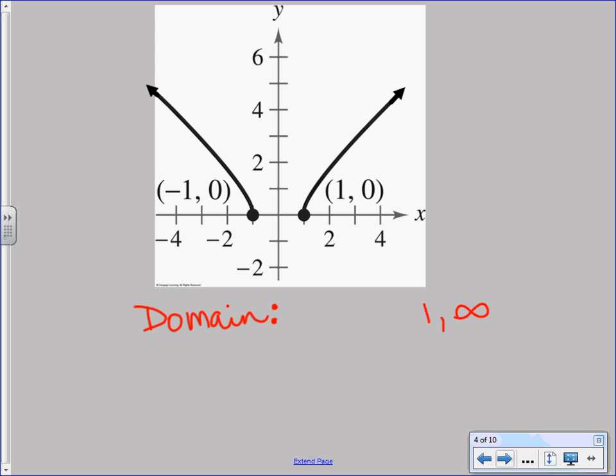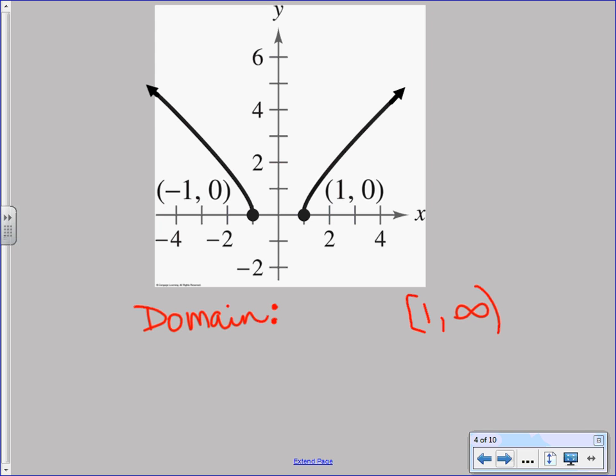Do we include 1? Yes. Okay. Now, infinity is not actually a number, so infinity is always going to have a parentheses because we can't include this symbol. All right.